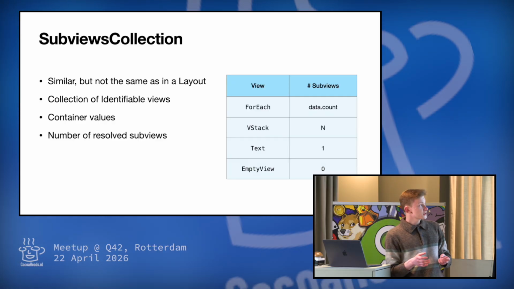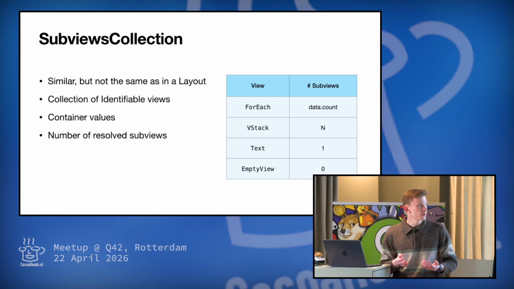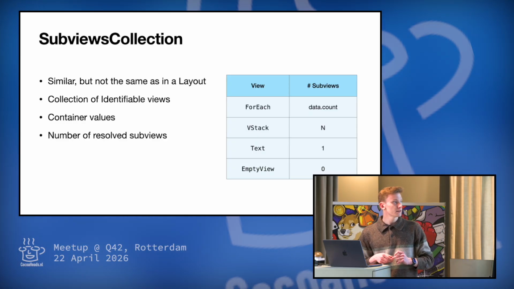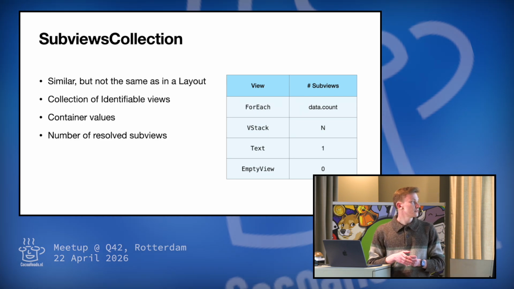Now, another thing that's quite interesting to look at is the number of resolved subviews that you get from this API. For each, the number of entries in the data that you provide will be the resolved subviews most of the time. Now, in a VStack, it works in a cumulative way. So if you have two texts, for example, it will be 2.